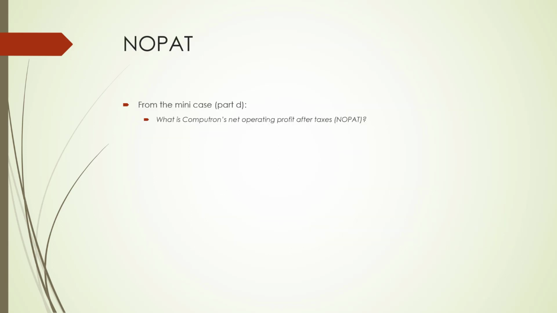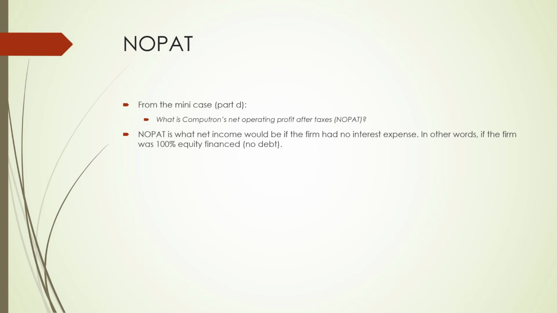All right, now part D in the mini case asks, what is Computron's NOPAT? So remember that NOPAT is simply EBIT times 1 minus the tax rate. And this is what net income would be if they had no interest expense because they had no debt. So NOPAT is what net income would be for an all-equity financed firm.